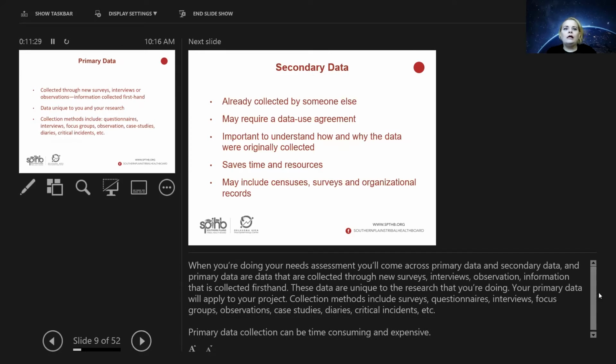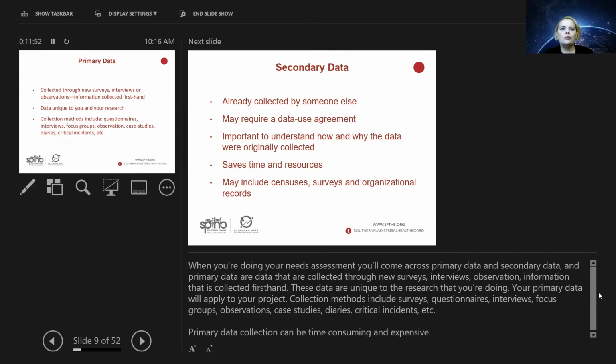Primary data. So when you're doing your needs assessment, you'll come across primary data and secondary data. These are just two types of data that you can collect, and I'll tell you the difference between them. Primary data are collected through surveys, interviews, observations, information that's collected firsthand. These data are unique to the research that you're doing.